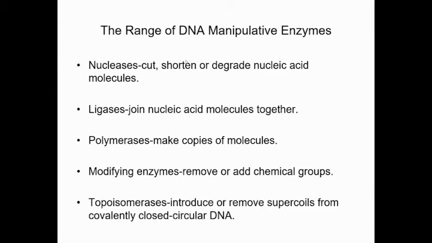For example, nucleases can cut, shorten, or degrade nucleic acid molecules, and ligases join nucleic acid molecules together. Polymerases make copies of molecules, modifying enzymes remove or add a chemical group, and topoisomerases introduce or remove supercoils from covalently closed circular DNA.